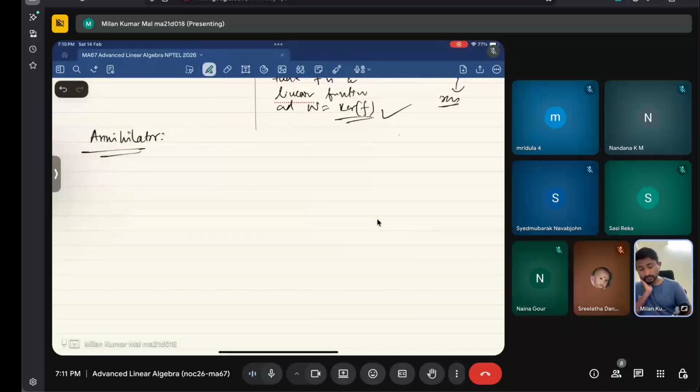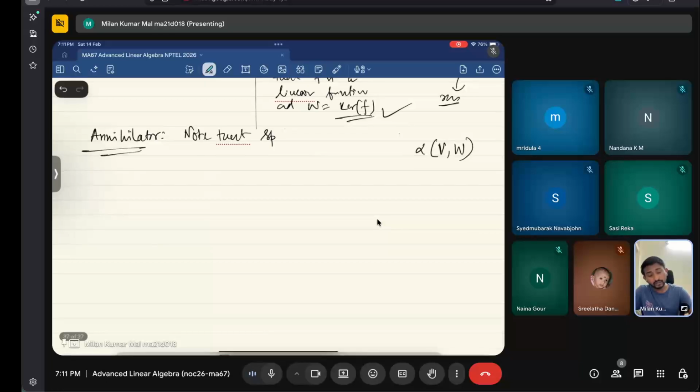Note that, if you recall from the second last tutorial, I said that if V and W are two vector spaces, then the set of all linear transformations from V to W forms again a vector space over the same field, and the dimension of this vector space equals dimension of V times dimension of W.